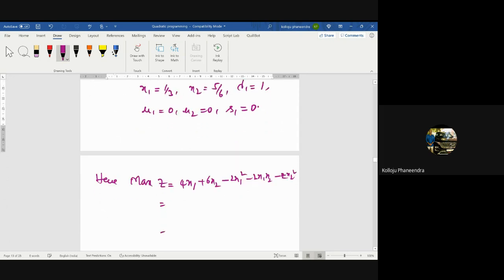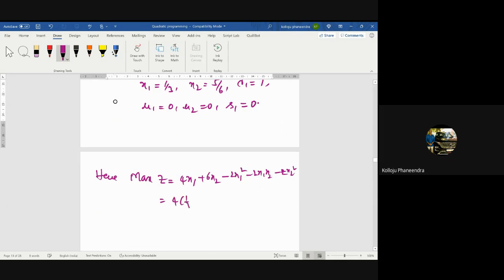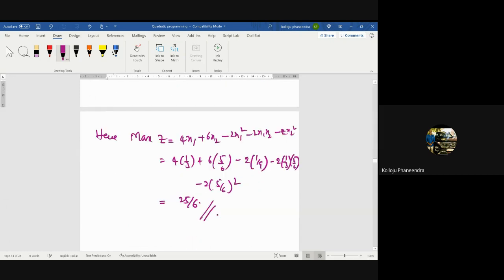Substitute these x1 and x2 values: 4 into 1 by 3 plus 6 into 5 by 6 minus 2 into 1 by 9 minus 2 into 1 by 3 into 5 by 6, right? Next one, minus 2 into 5 by 6 whole square. This value finally is 25 by 6. This is a quadratic programming problem, solved by using what method? Wolfe method.